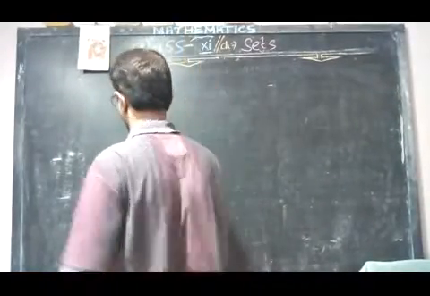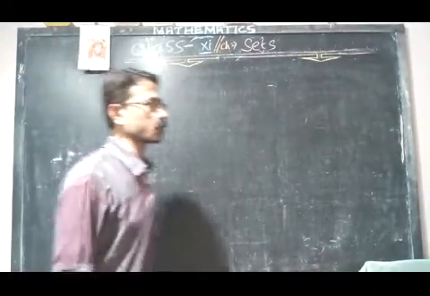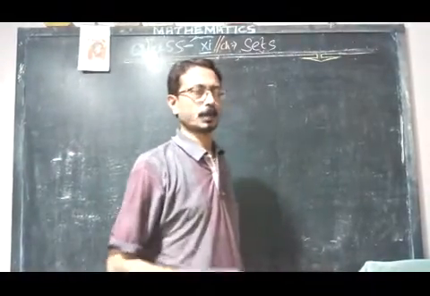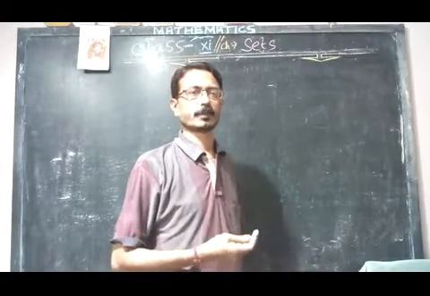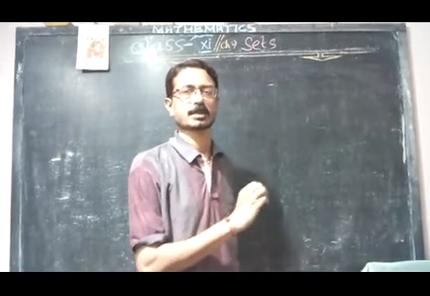Diagrammatically, the English mathematician John Venn discovered this method. That's why this type of method is called a Venn diagram.